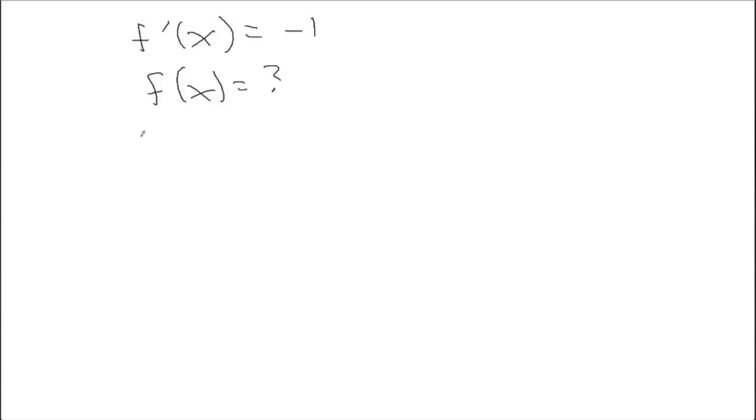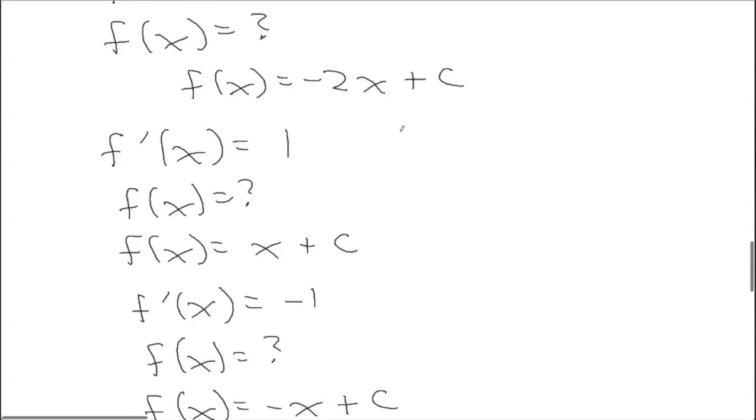F prime of x is negative 1. So f of x equals negative x plus c. Good. Okay, very good. So that's some good progress there.